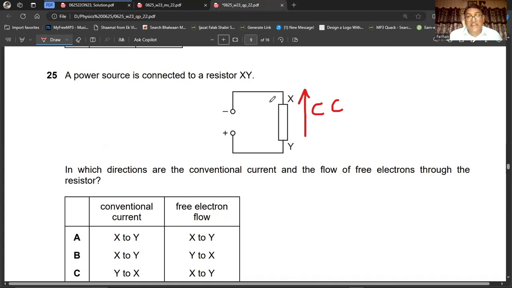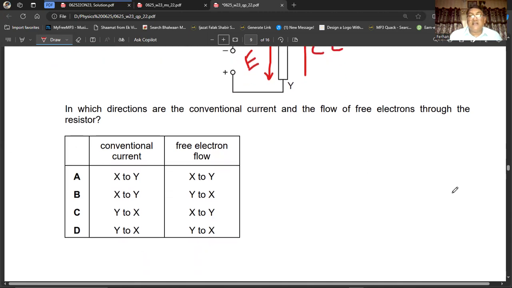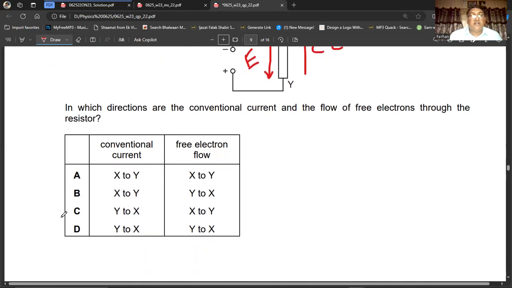The conventional current will be going from positive to negative. The free electrons will be flowing from the negative towards the positive. So the conventional current is from Y to X, and the free electron flow is from X to Y. So it looks like C is the right option.